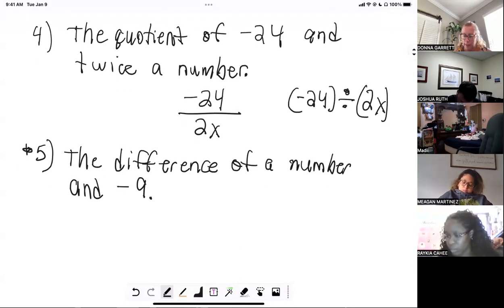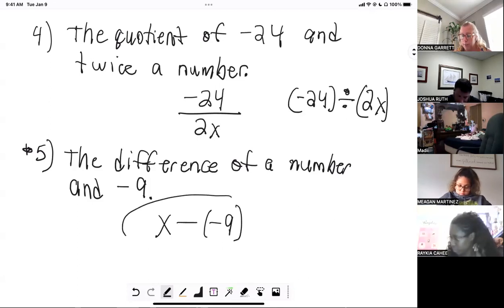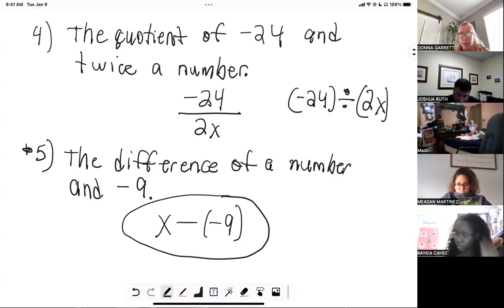The difference of a number, x, the difference means subtract, and -9. Now, if they want you to translate it, this is what you write. If it says simplify, then you're going to simplify it. Why can we simplify this one? Because minus a negative is a positive, right?